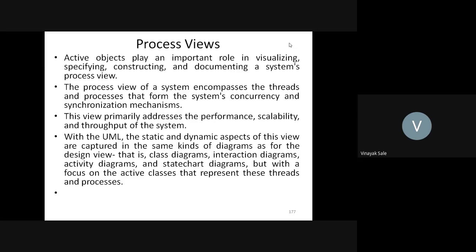With the UML, the static and dynamic aspects of these views are captured in the same kinds of diagrams as for the design, that is the class diagram, interaction diagram, activity diagram, and statechart diagrams, but with the focus on active classes that represent these threads and processes.